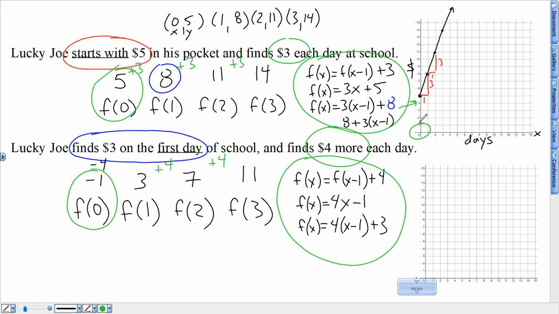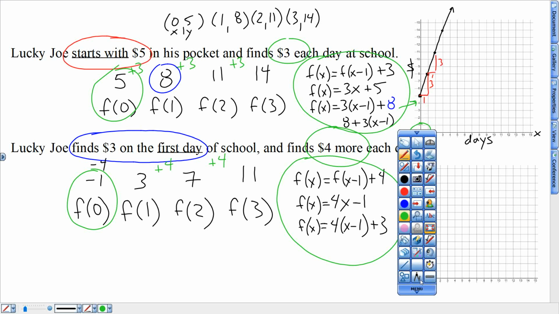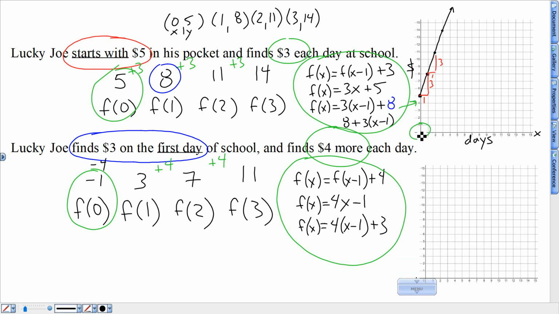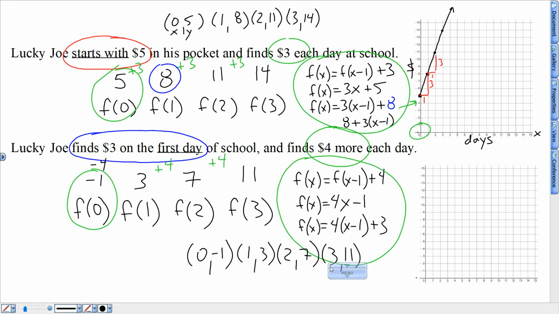All right. And then, of course, graphing that next one there, I need you to know how to graph. That gives me 0, -1, and 1, 3, and 2, 7, and 3, 11. So plotting that 0, -1 is, of course, going to be off this chart a little bit. These are still going to be days. This is my x-axis. This is my really f of x axis.